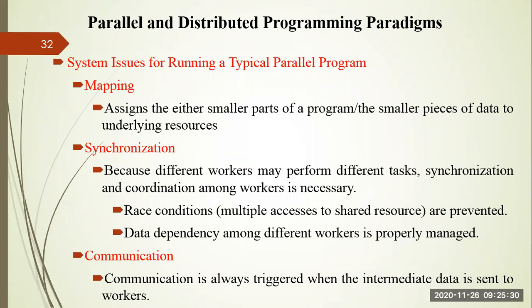When the intermediate data is sent to the worker, communication plays an important role. We should not spend much time in communication. We have to focus on how efficiently the data can be made available so that the worker node can execute that particular work. If communication time is more, then what is the purpose of going for a distributed system, right?